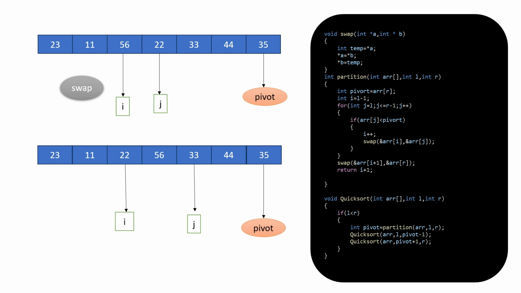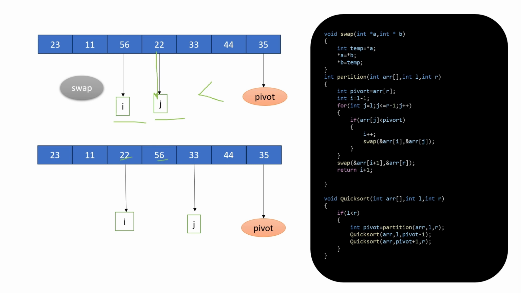Now our j is here and our i will be here. We find that the jth index element is smaller than our pivot. Then we swap the values, and after the swapping the 22 will be here and 56 is here.